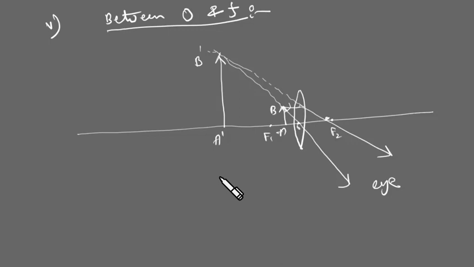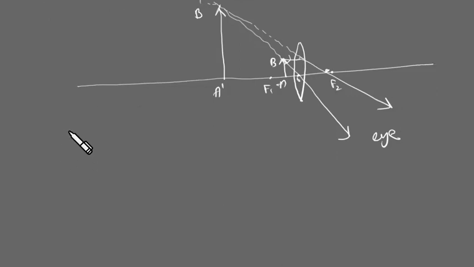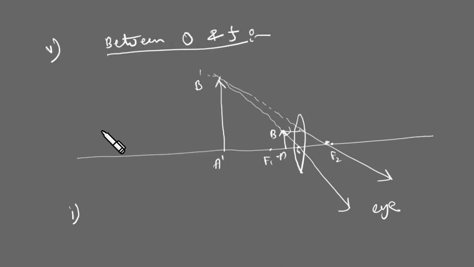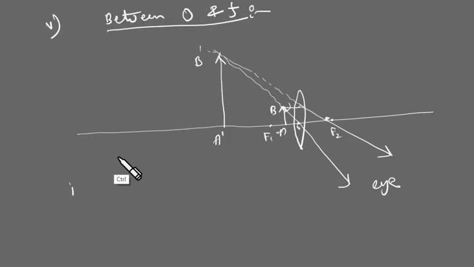Alright, so what are the properties of this image? When the object is kept between F and O, first of all, this is the first time we get a virtual image by a convex lens.